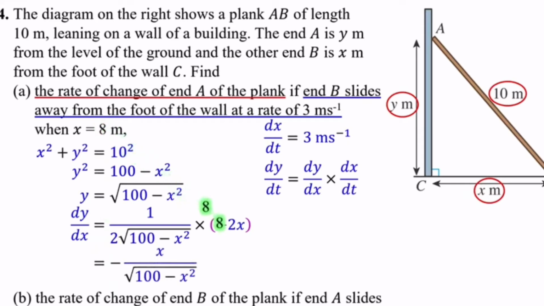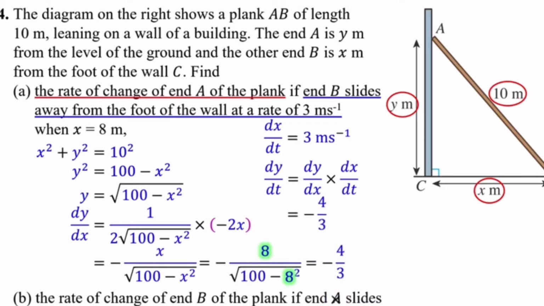So the dy/dx is having the value when x is equal to 8, right? So we substitute by using the information from the question. When x is 8 meter, we will get dy/dx, which is negative 4 over 3, which is negative.